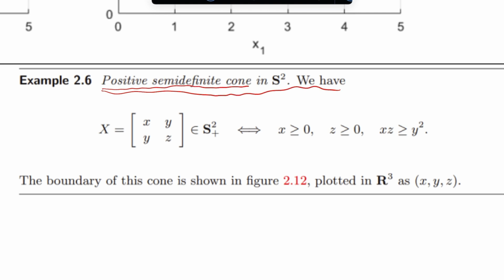So S2 is the set of symmetric matrices, S2 plus is the set of symmetric positive semi-definite matrices, and S2 plus plus is the set of symmetric positive definite matrices.